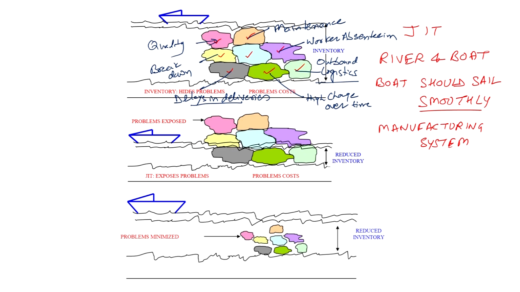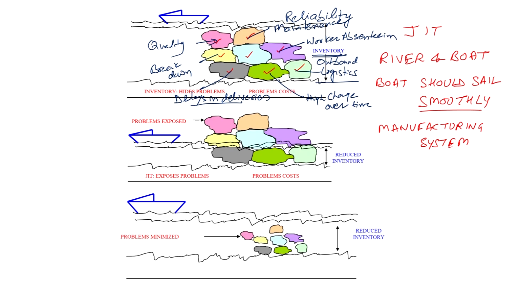If we are having a problem of reliability of the equipment or maintenance problem of the equipment, I keep extra buffers in between the two machines, or I keep work in process inventory between the two processes. Or if there are quality problems, I keep buffers in the form of finished goods, I keep buffers in the form of work in process inventory. So, my answer to all these problems in the organization is to keep inventory.